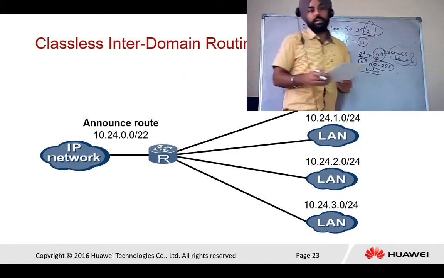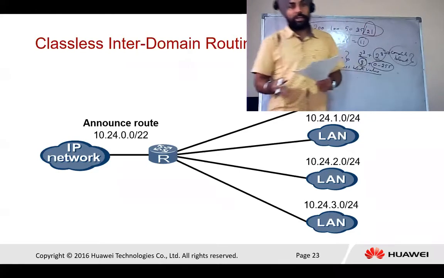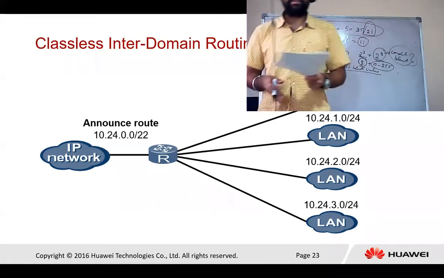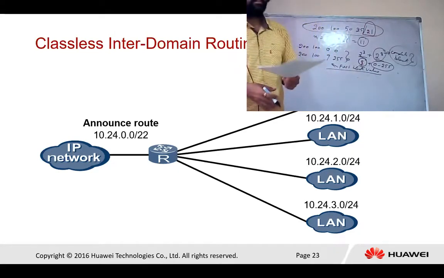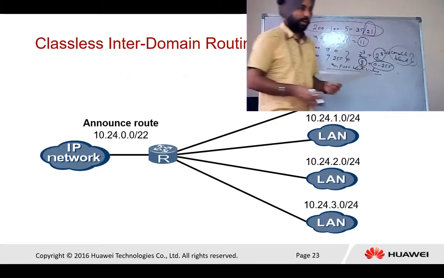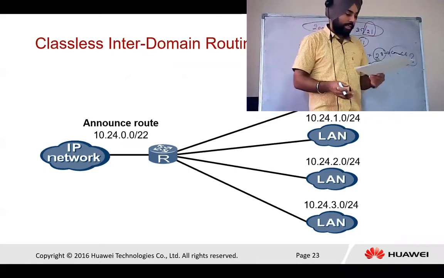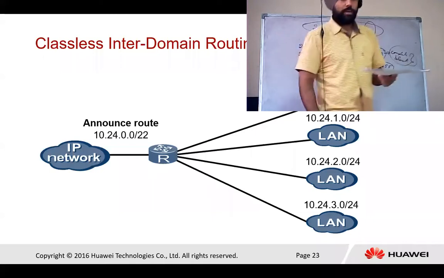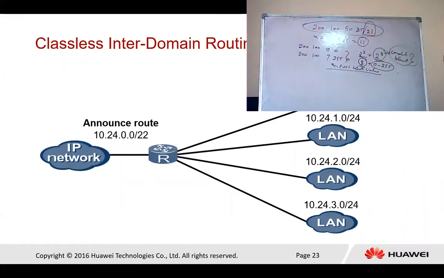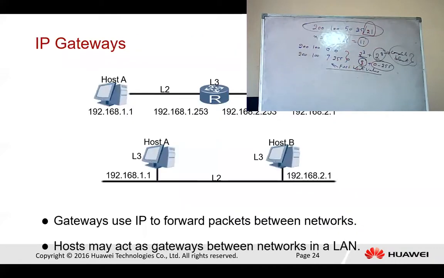On the right side of the router there is a different LAN, and from the left side there is another IP address. That depends on the user, what they want in a single block, what maximum value they want in a single block.